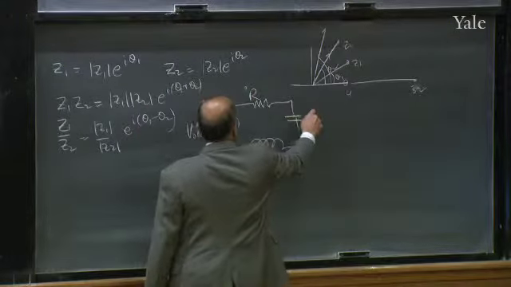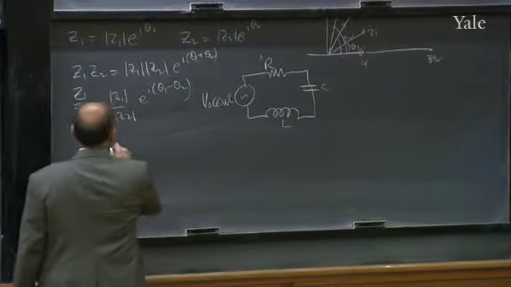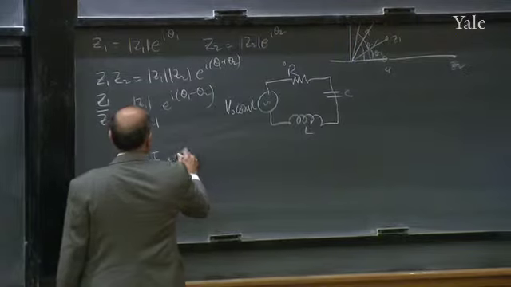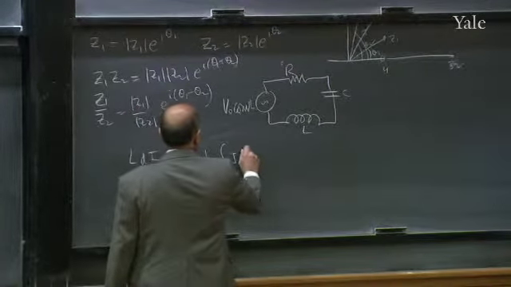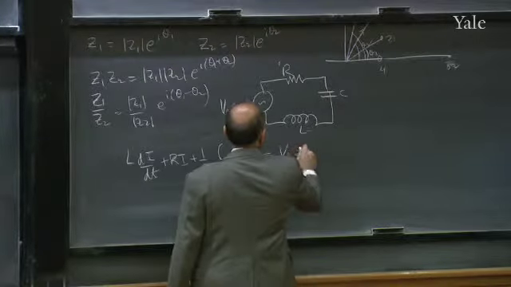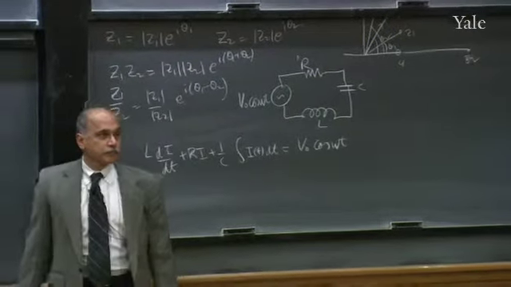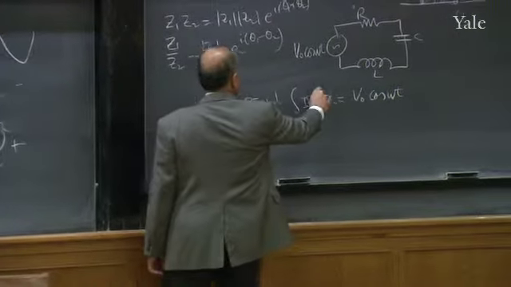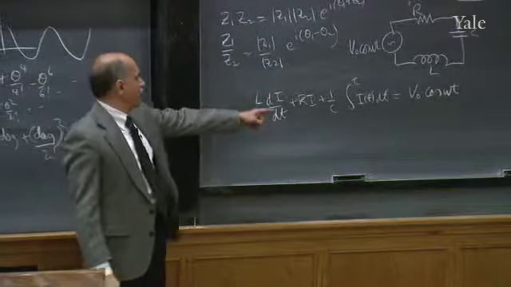It's R, this is C, and this is L. And the equation we have to solve is L di/dt plus Ri plus 1 over C integral I dt is equal to V0 cosine omega t. Because Q is the integral up to time t of the current. That's just Q over C.